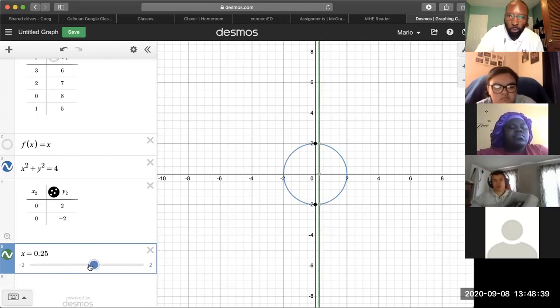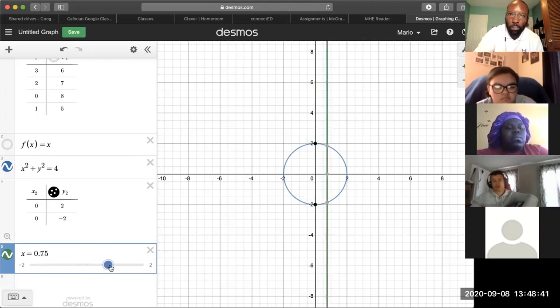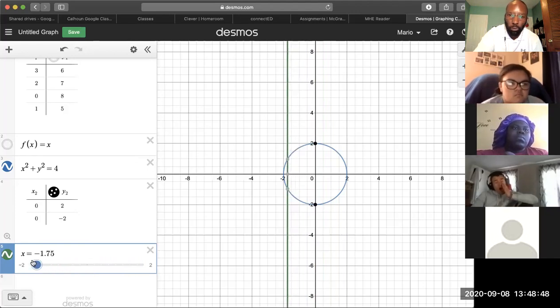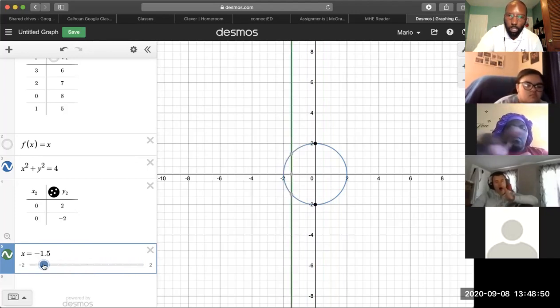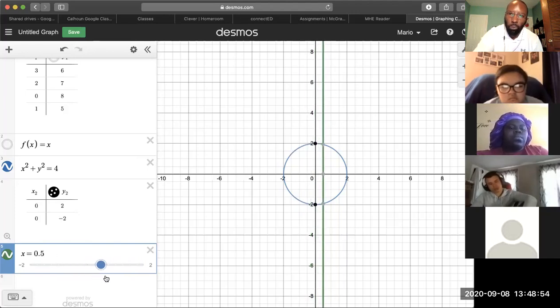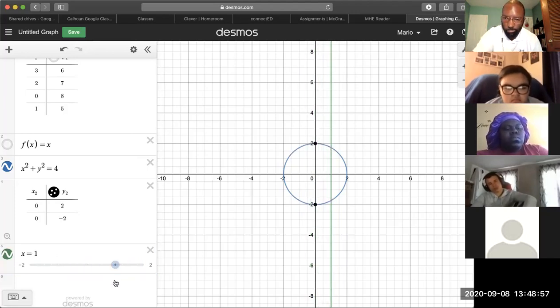As I move the line, no matter what, it always hits 2 points. If it hits 2 points anywhere, it's not a function. As soon as that green line touches more than 1 point, it's not a function, okay?